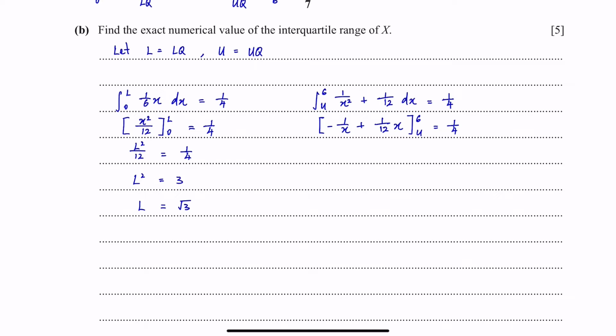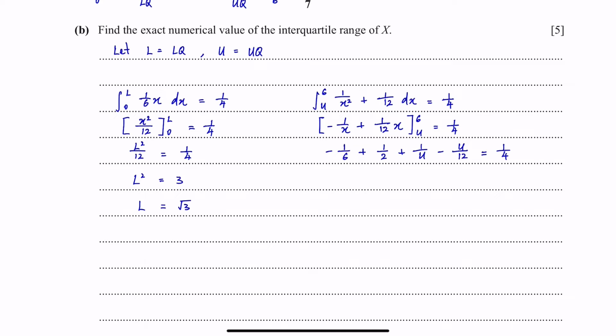Sub the values in, we get negative 1 over 6 plus 1 over 2 plus 1 over u minus u over 12 equals 1 over 4.